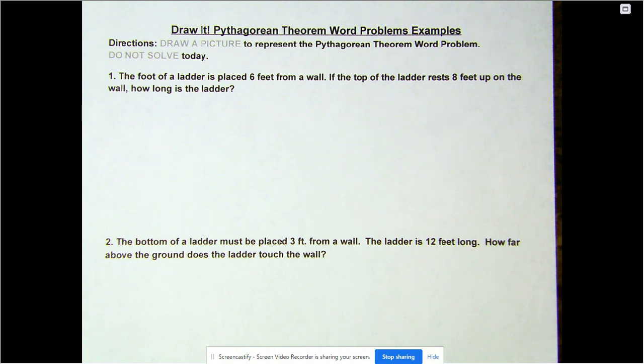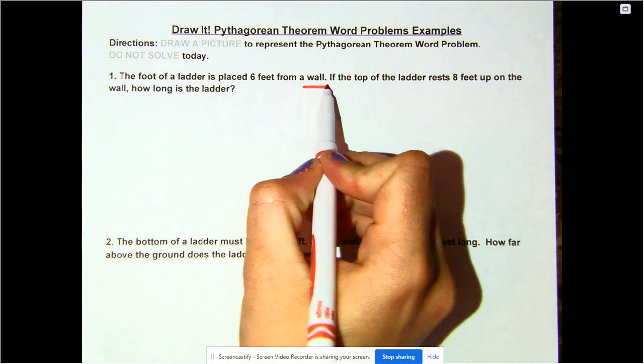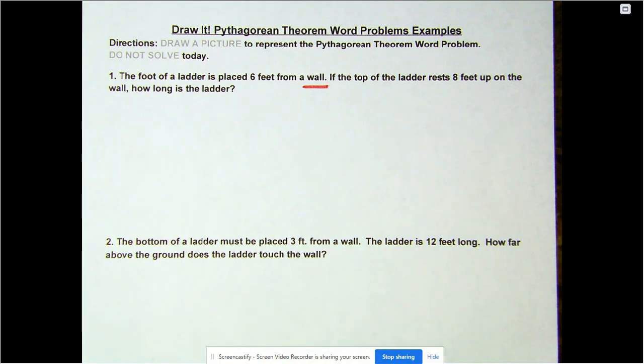Number one is talking about the foot of a ladder placed 6 feet from a wall. As you know, I'm a visual learner, so I'm going to start drawing a picture. We have a wall, and it also is talking about a ladder.